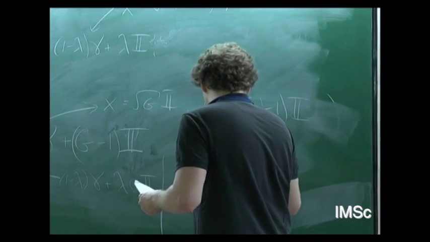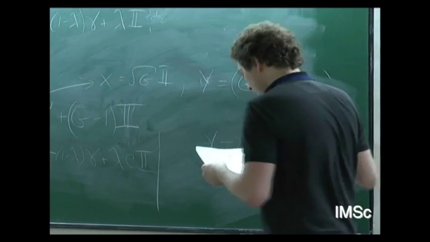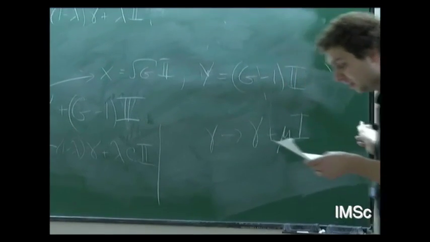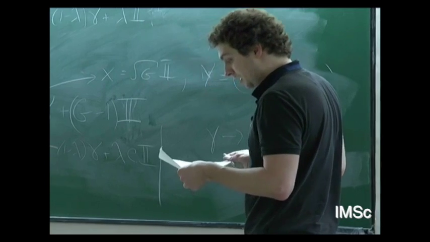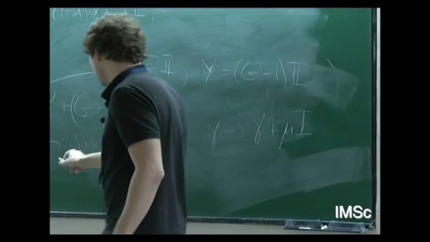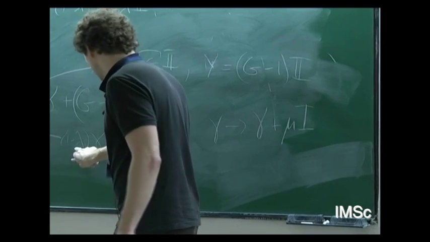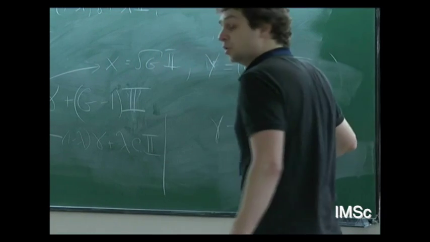It takes gamma and maps it to gamma plus mu times identity. This is called a classical noise channel. And what do I want to say about that? Oh, this just happens in the limit of letting lambda go to 0 here, while you let lambda times c stay constant at mu here.